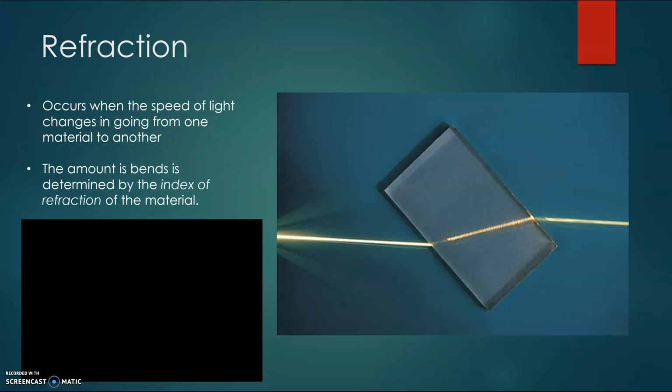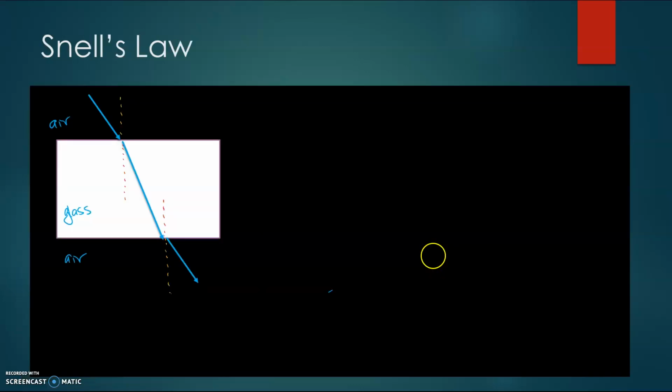Okay, and when it does that, it gets bent. So you'll see right here, the light comes in and it's going in this direction, but it gets bent up like that. Okay, and this is what we're talking about with refraction.